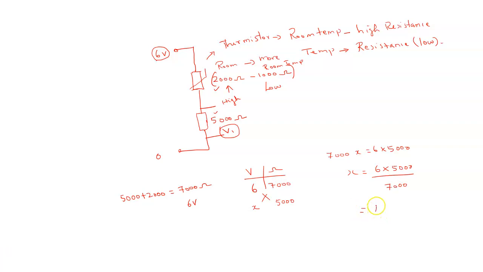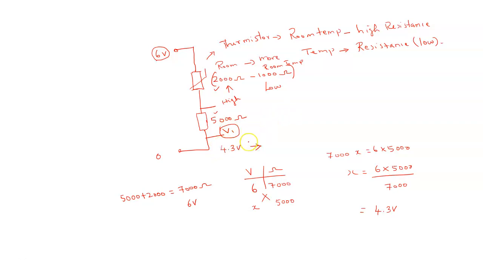The answer is 4.3 volts. So at room temperature, the voltmeter shows 4.3 volts.